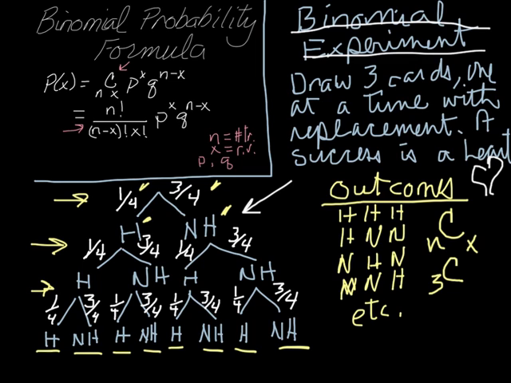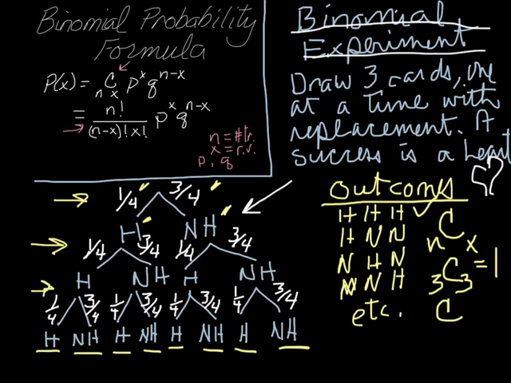So if I said I want to get 3 hearts, then what's the combination of 3 choose 3? If you have your graphing calculator, you'll see quite easily that's 1. If you do it by the combination formula, you'll also see quite easily it's equal to 1. And so that tells us that there's only one way to get 3 hearts.